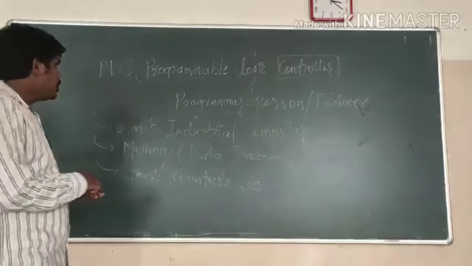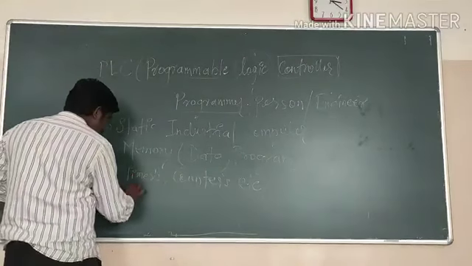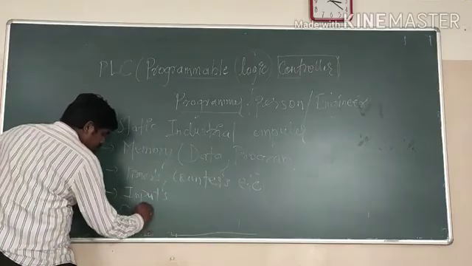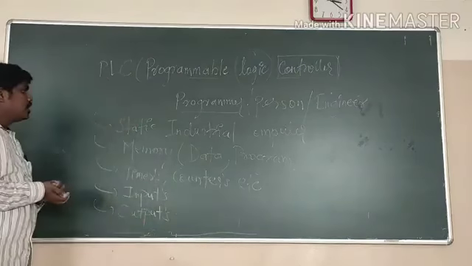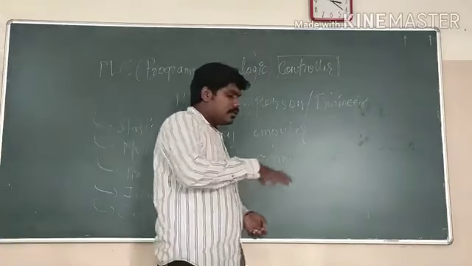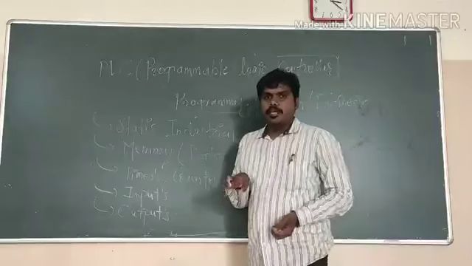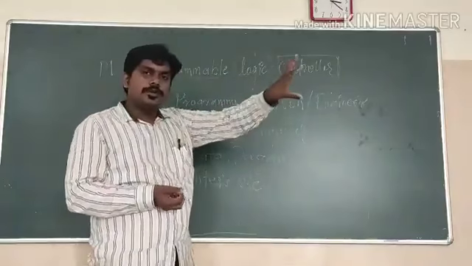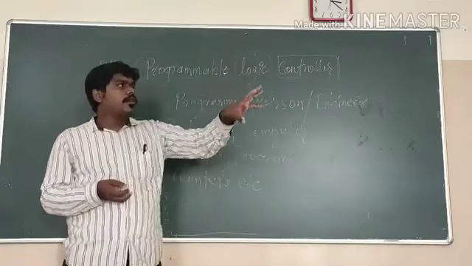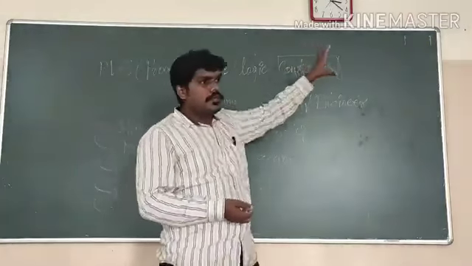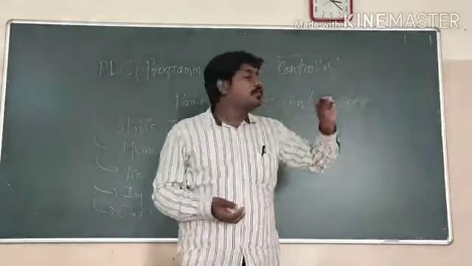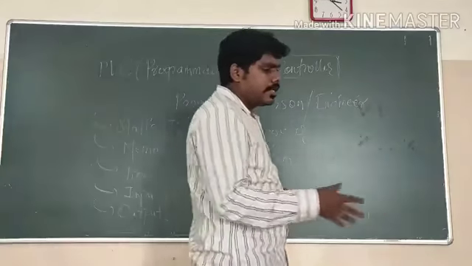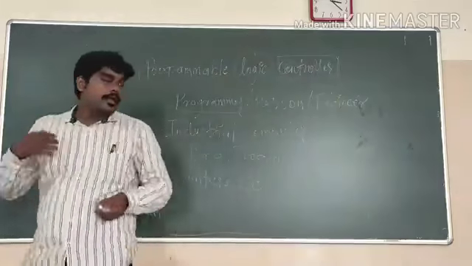Also there are inputs and outputs. Let's suppose I want data from a particular place in an industry. I connect a PLC there, connect the various inputs at that place to the inputs of the PLC, and from the output side I take the data, or I can control those.